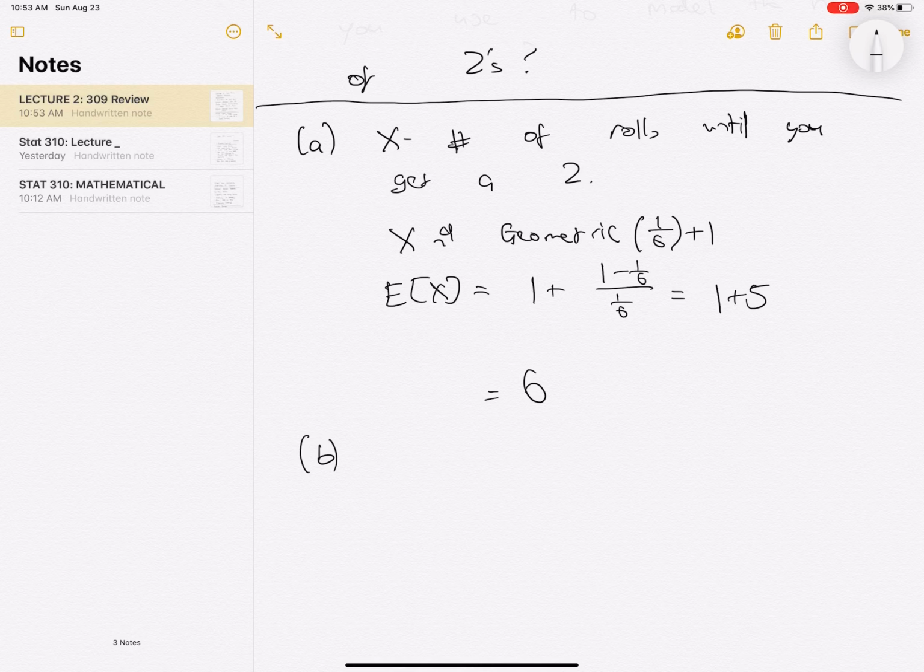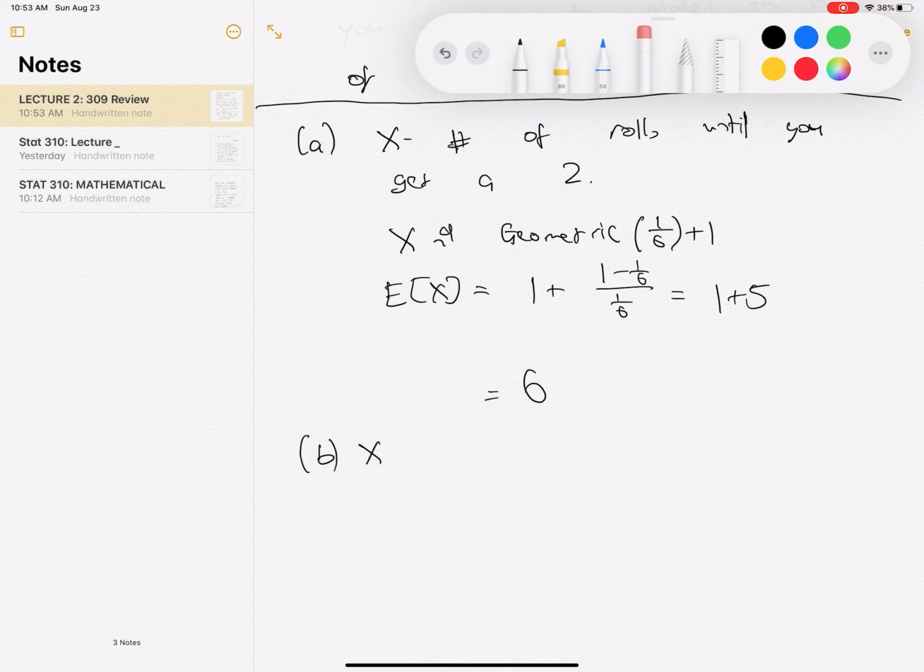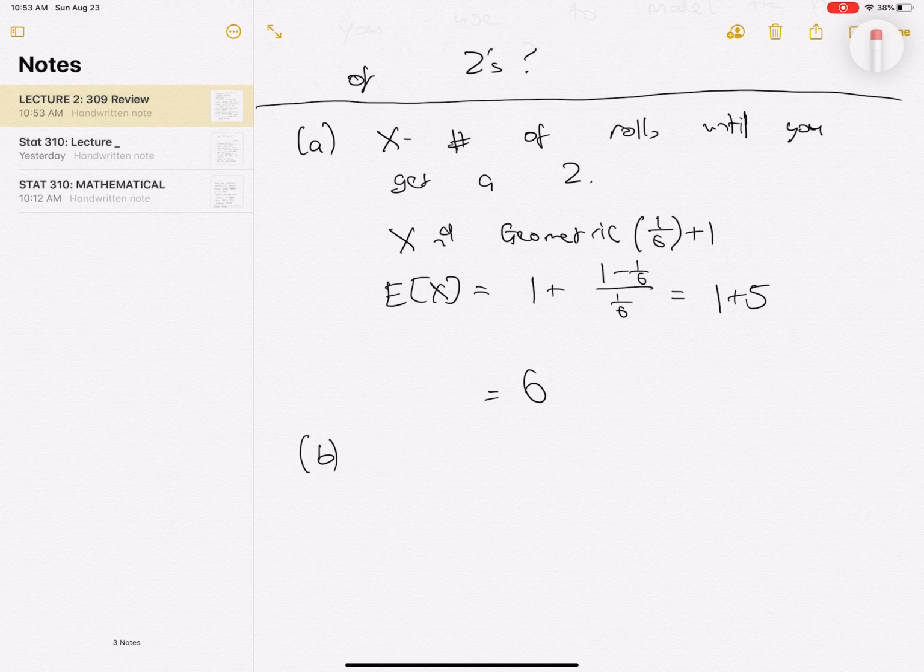So for part B, here we're going to use X. I guess it's a different X here, so to be clearer, I will use a different letter, Y. Y is the number of 2s in 10 rolls.